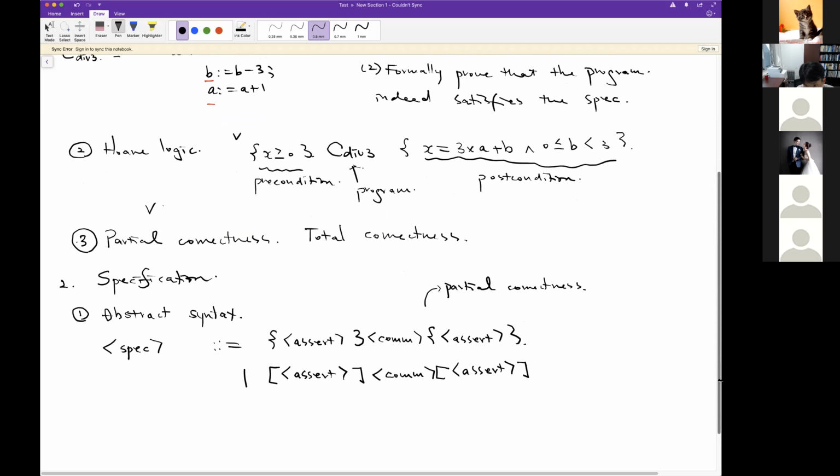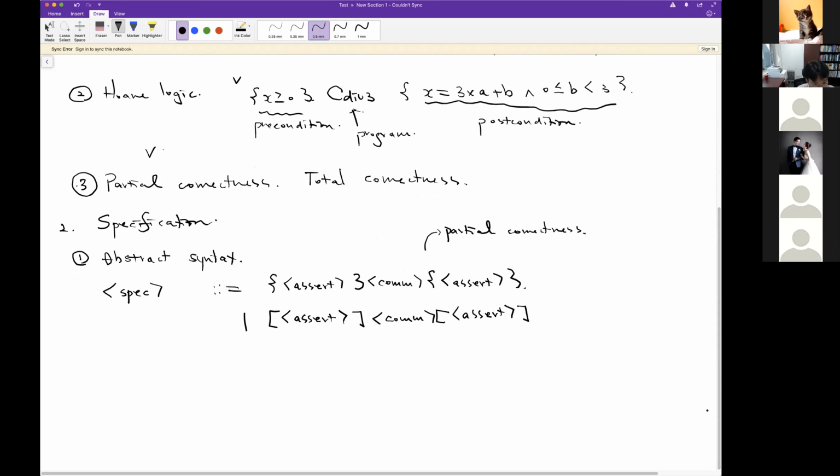So what does it tell us? Typically the instances of the first and second forms are written like this: assertion P, command C, and assertion Q, with curly parentheses for the first and square parentheses for the second.